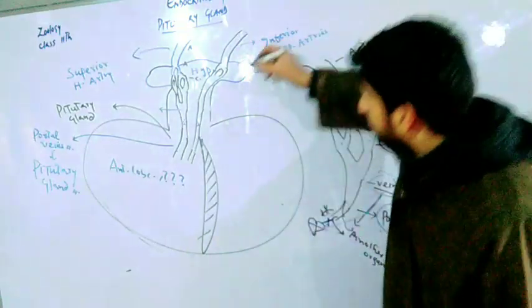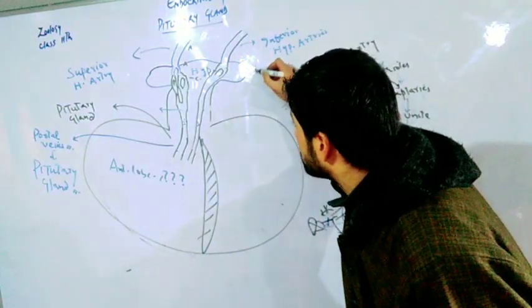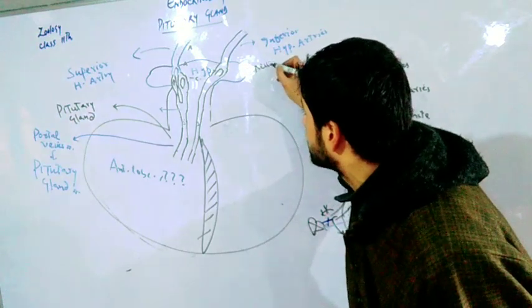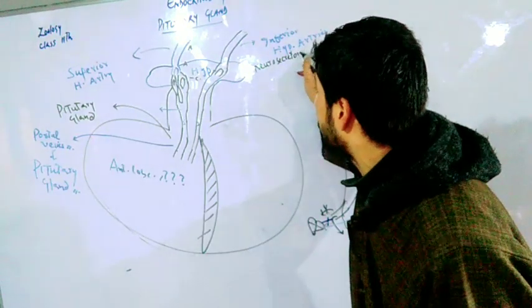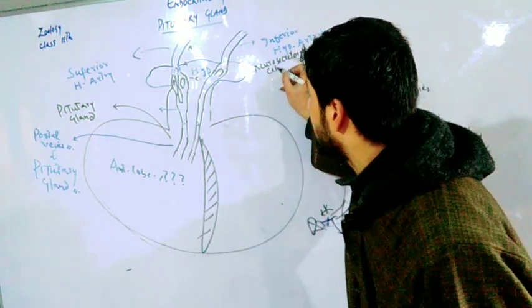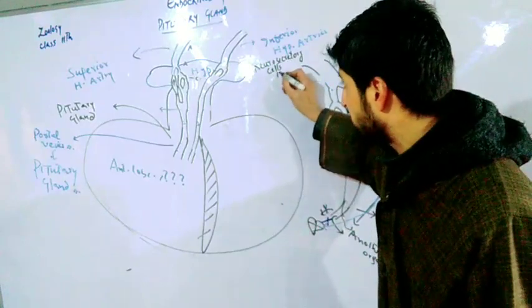Because our hypothalamus contains special types of neurosecretory cells. When we study the hypothalamus, I will tell you more. The hypothalamus contains a special type of cells that you call neurosecretory cells.